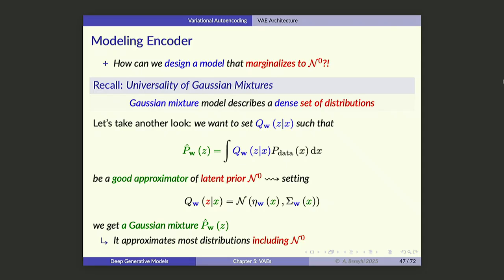And we said this Gaussian mixture is able to mimic most distributions. If the mean and covariance are given by very deep neural networks, this gives a very good approximation of most distributions I can think of, including the particular prior distribution that I am looking at.